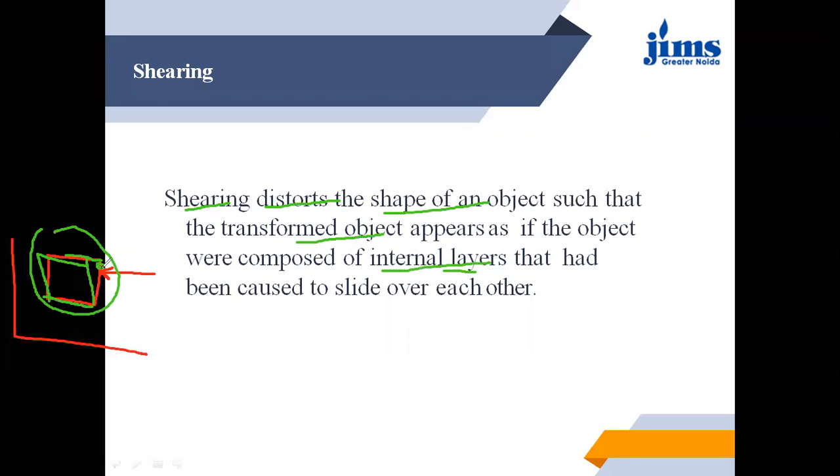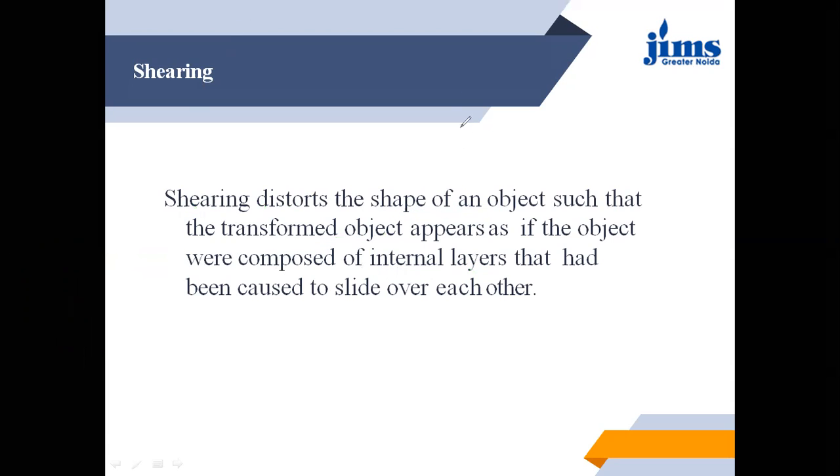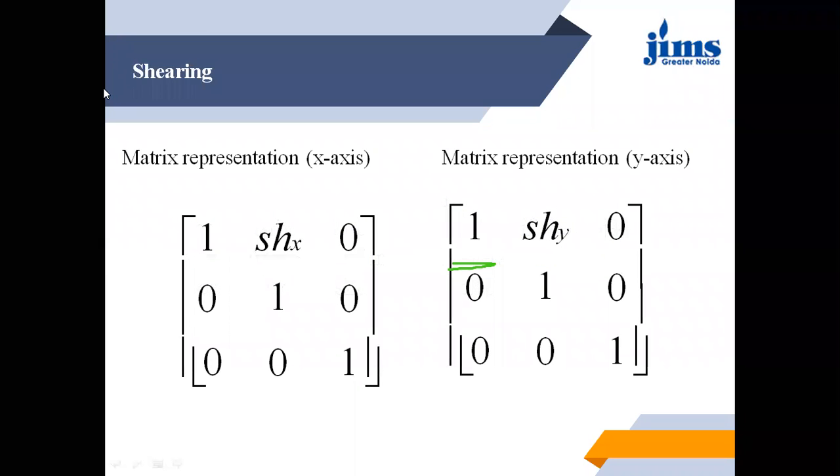Means some layers, some part change its position from one place to another place, and it changes as per the layers, as per how much we are pressing that. So this was about the shearing. Now we will see how we can shear. Shearing is also of two types.